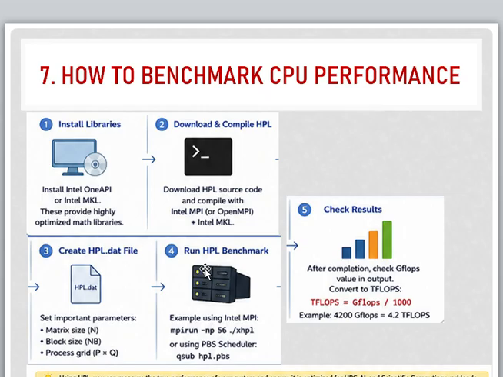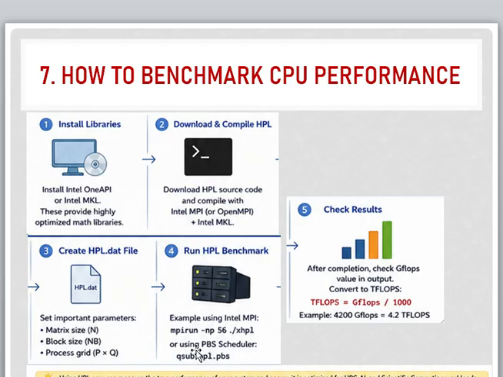So let's see how the benchmark works, how we can benchmark any CPU. First we have to download this. If you have a large machine like an HPC or any workstation, you most probably have Intel oneAPI or Intel MKL. These provide highly optimized math libraries. First download this and then create the HPL.dat file, and then we can run it with the help of MPI and MKL.